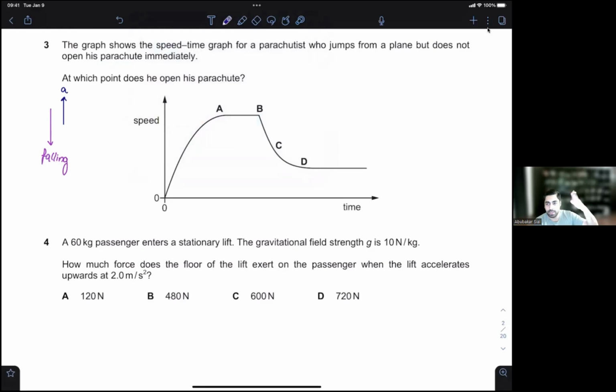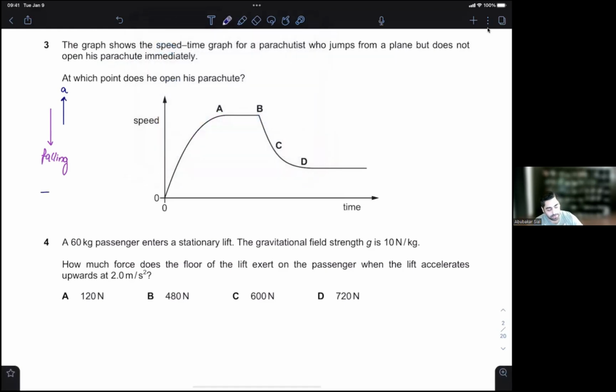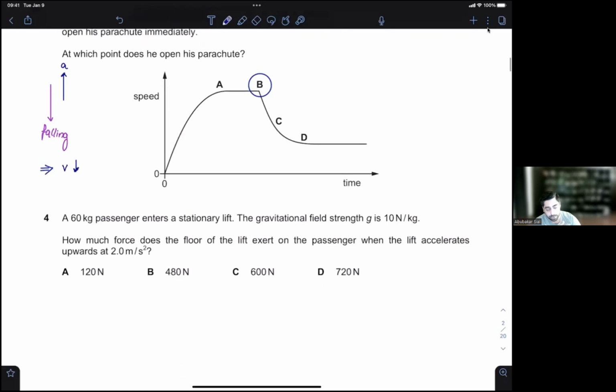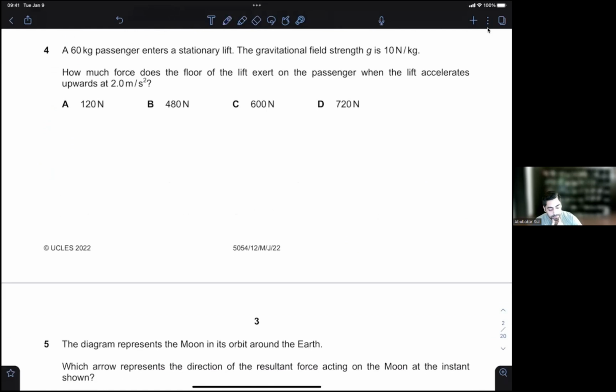When acceleration is opposing the direction of motion, the person is going to decelerate. In other words, the speed should start decreasing, and of course, that's happening at B. Hopefully that should not be a problem as well. And by the way, if you want to ask something, just let me know.